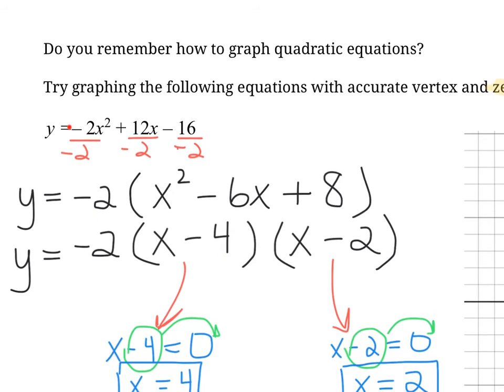Remember, the a value is the number that is located right in front of the equation. It is also always attached to the x squared term. So when I look at my a value, I see that it is negative. It's actually -2. Remember that a negative a value tells you that your parabola should be opening down.